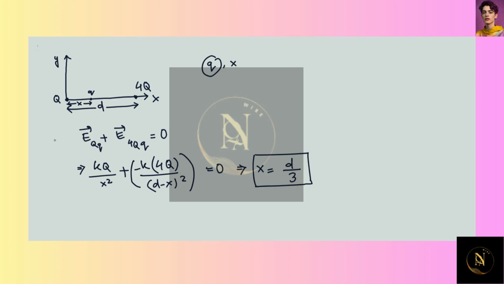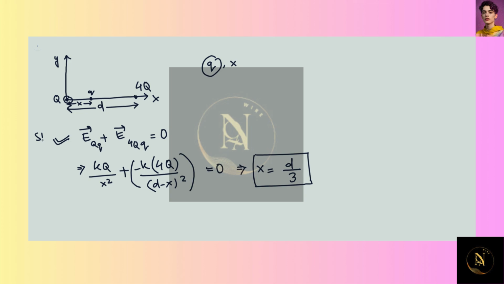For example, in the first one, we calculated the electric field at this point to be equal to 0 and solved for x. And now we will see that the electric field at, let's say, the origin will be equal to 0, and that way hopefully we will find the value of q now that we already know x.